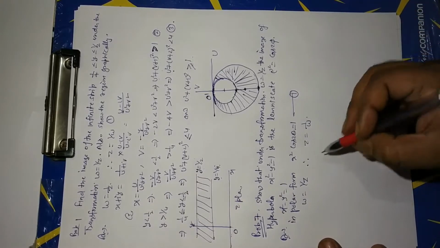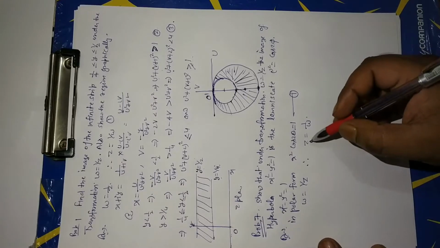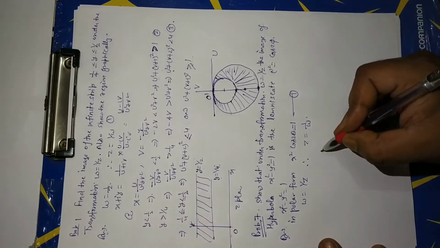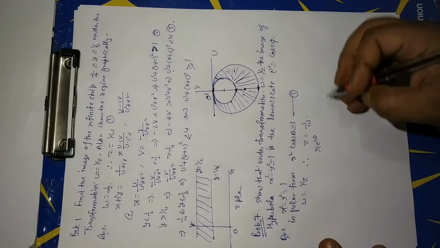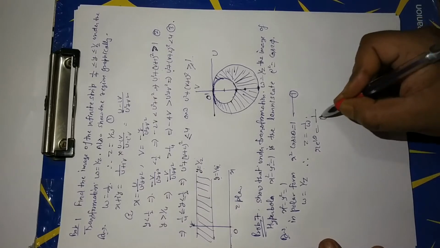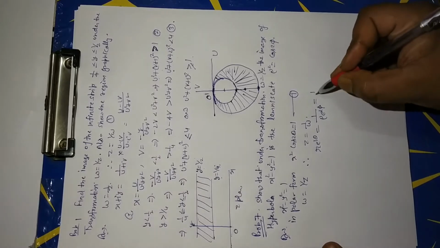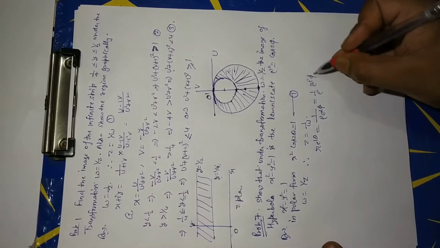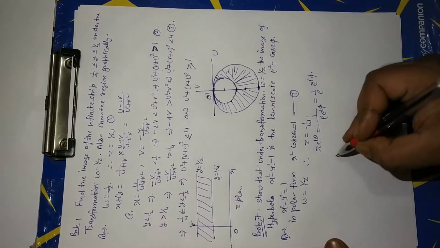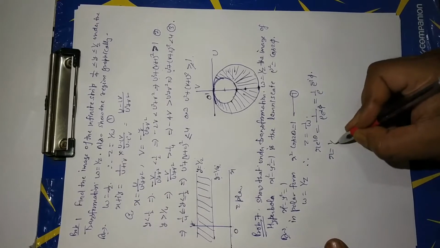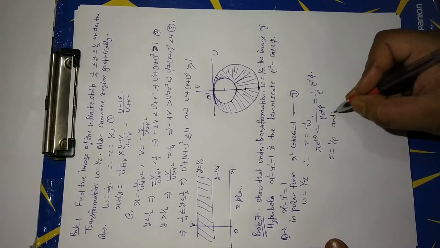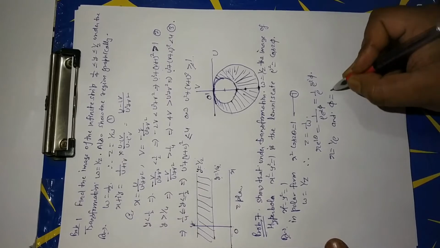Now putting the point Z in polar form, r e to the power i theta, and W is equal to rho e to the power i phi. That is, we can write Z equals 1 upon rho e to the power minus i phi. Now comparing both, r is equal to 1 upon rho and phi is equal to minus theta.